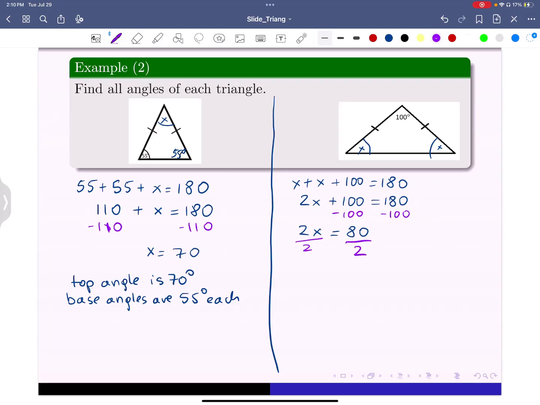Divide by 2. 80 divided by 2 is 40. So the base angles are 40 degrees each.